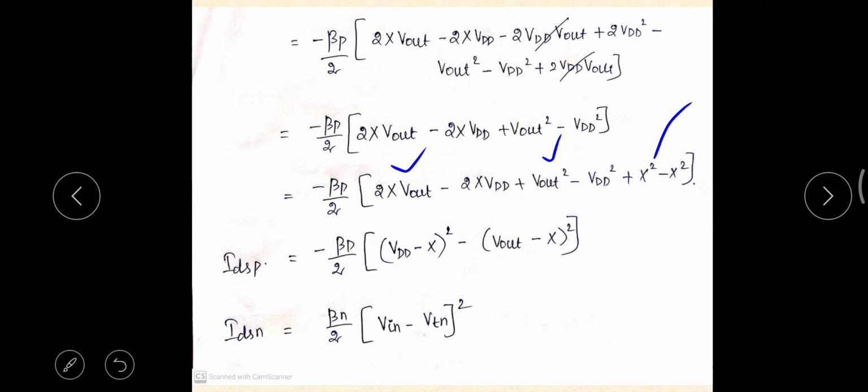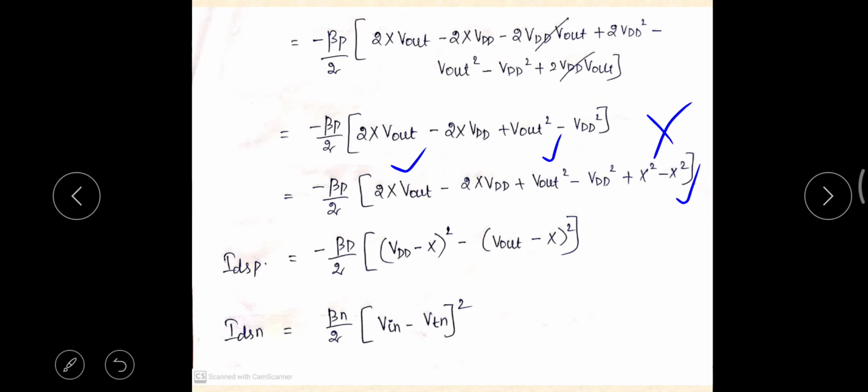So minus x square plus Vout square and plus 2x Vout is combinedly written as Vout minus x the whole square.